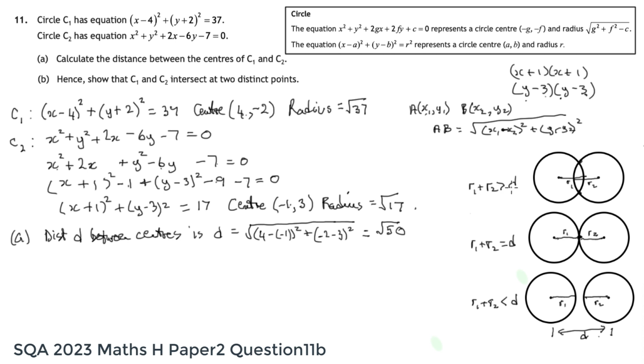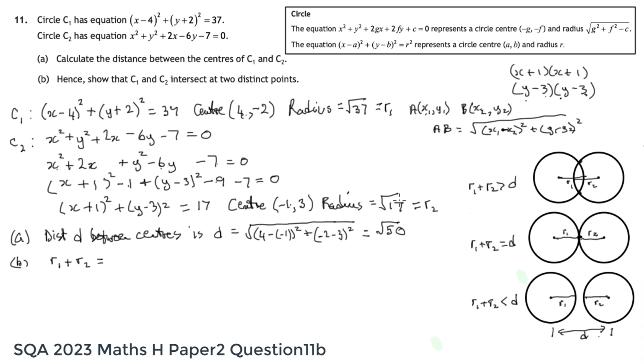So we have to show in this question that this is the situation we're dealing with. So let's have a look at this. Let's call this radius r1 and this radius r2. Well, let's consider r1 plus r2.